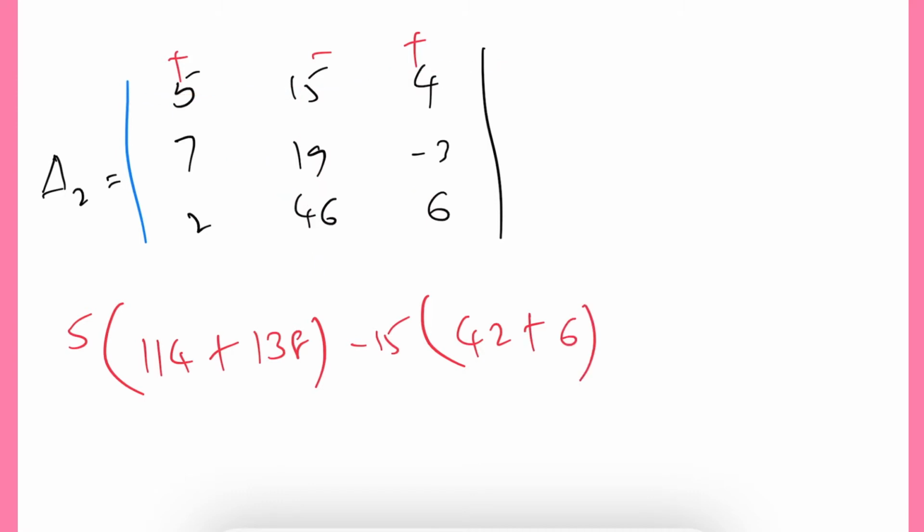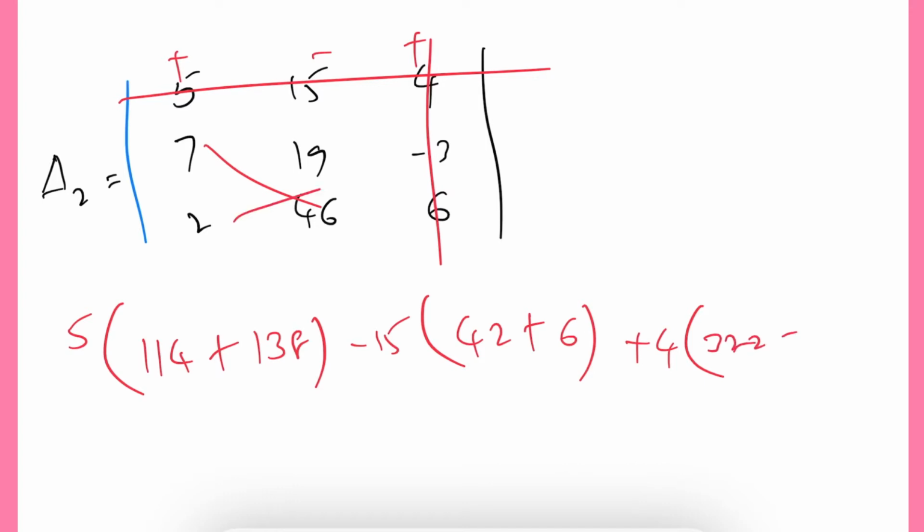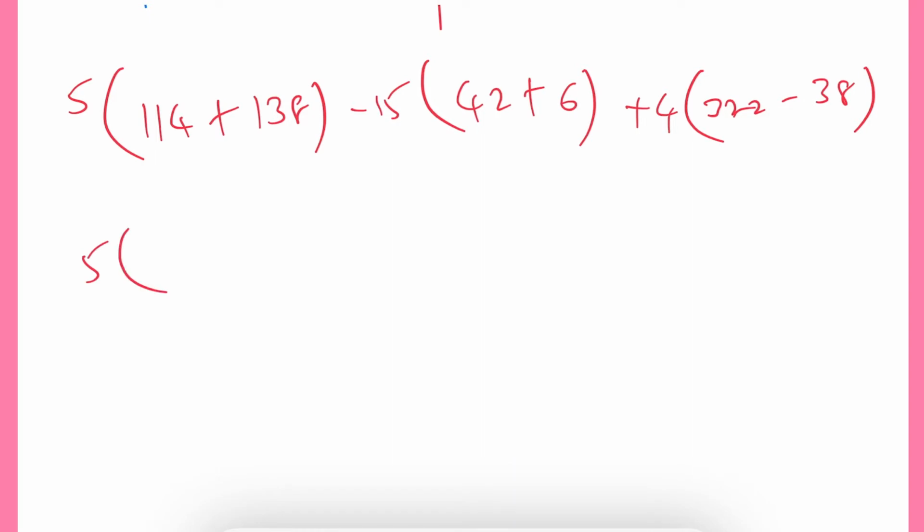Then last element, plus 4 into this if we remove, 7 times 46, it is 322, minus 2 into 19, right? 2 into 19, 38. Okay, let us simplify this further. 5 times 114 plus 138, 252, minus 15 times 42 plus 6, 48, plus 4 times 322 minus 38, it is 284.